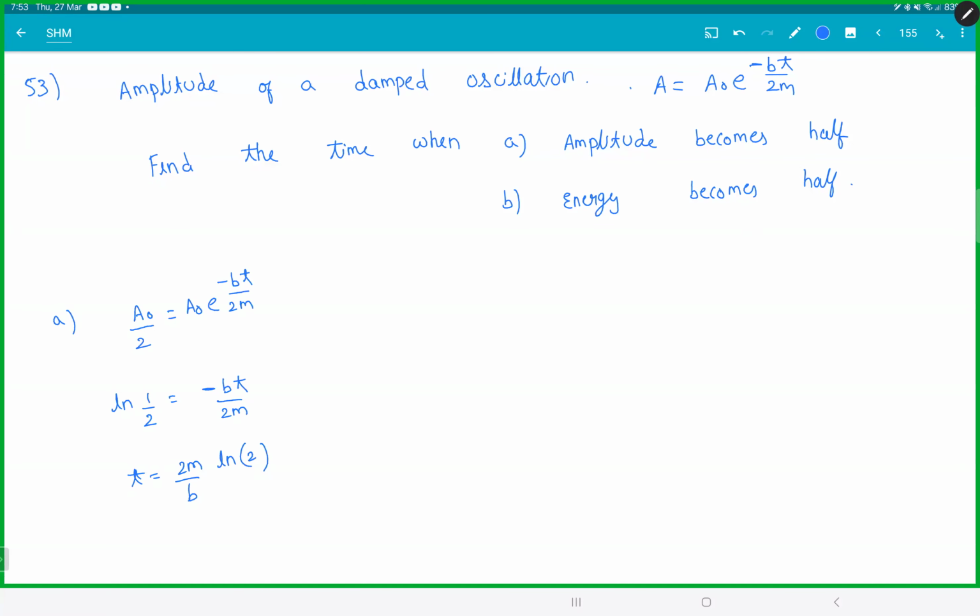What about energy? Half time for energy. What do you mean by that? Find the time when energy becomes half. What is the energy of an SHM? Half m ω² A². So if energy becomes half, amplitude becomes 1 by root 2 times. It doesn't become half.